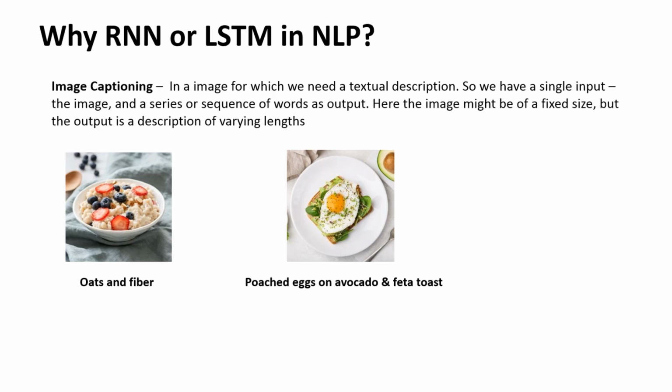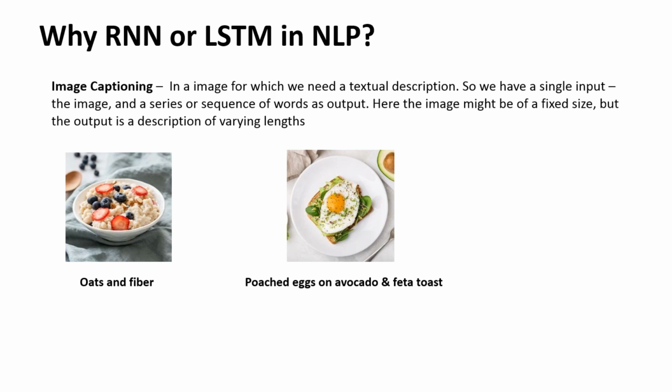So there is an image for which we need a textual description, right? Say for example, we have a single input image and a sequence of words that describes the image. The image might be a fixed size, or let's say it can be variable size, but the output is a description of varying length, right?